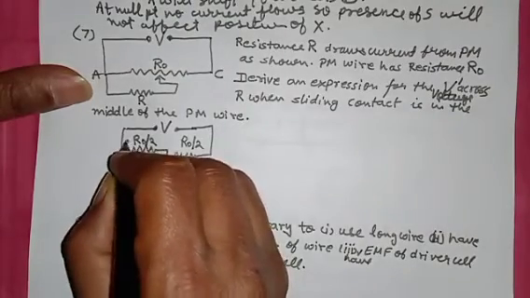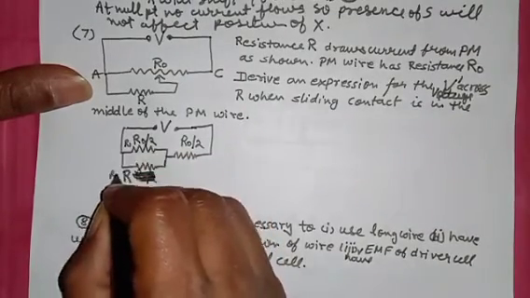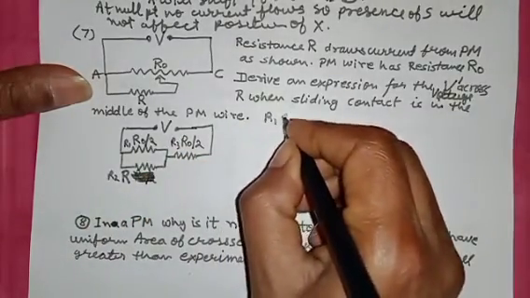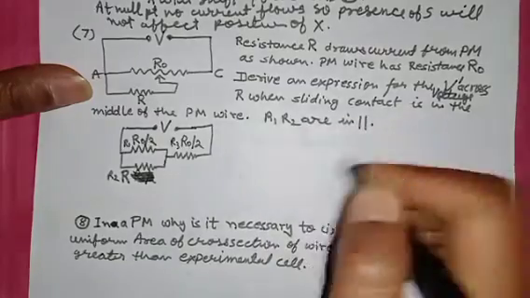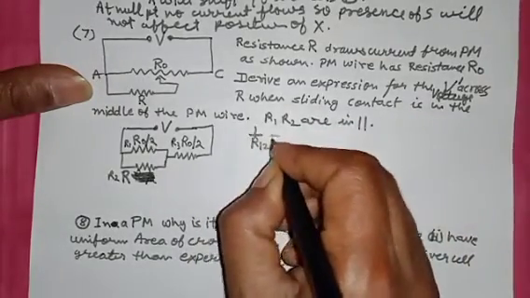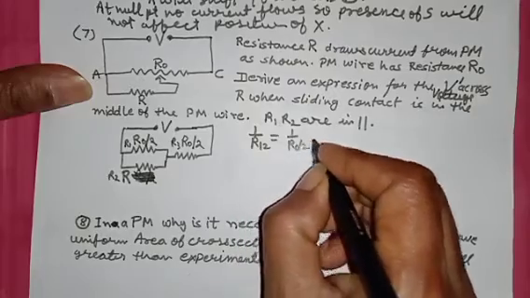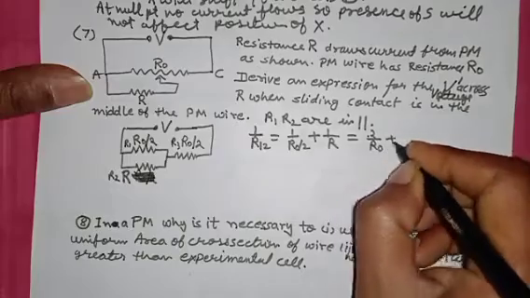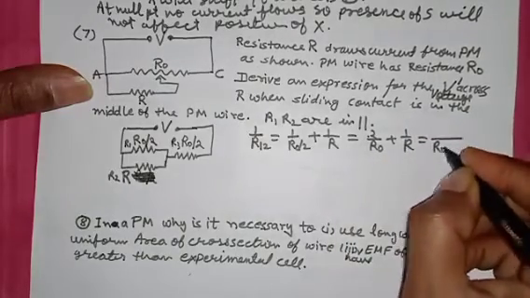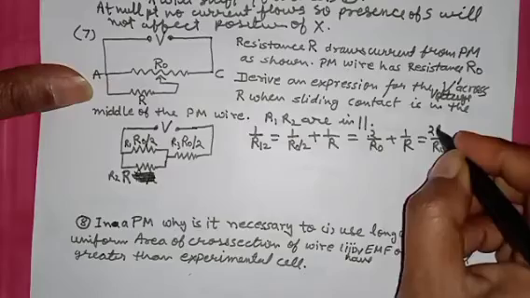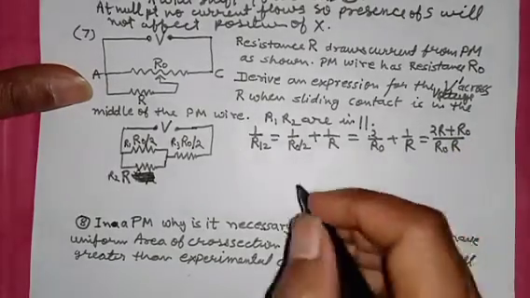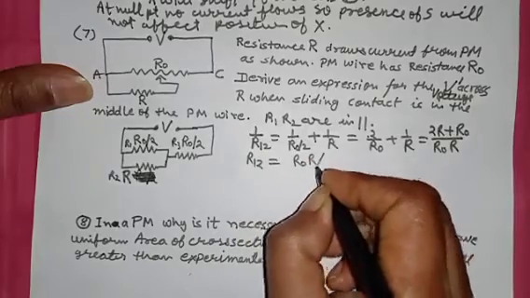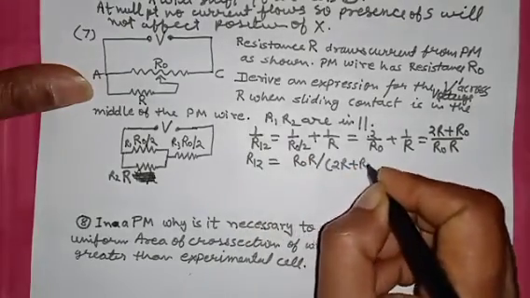So what will be the method? First I am marking them R1, R2 and R3, so that we can easily tell that R1 and R2 are in parallel. First step: 1 upon R12 is equal to 1 upon R0 by 2 plus 1 upon R. That is 2 upon R naught plus 1 upon R, which is (2R plus R naught) upon R naught R. Therefore R12 is equal to R naught R upon 2R plus R naught.